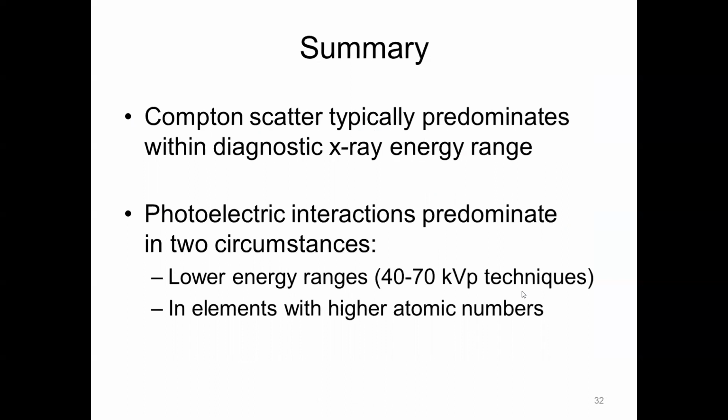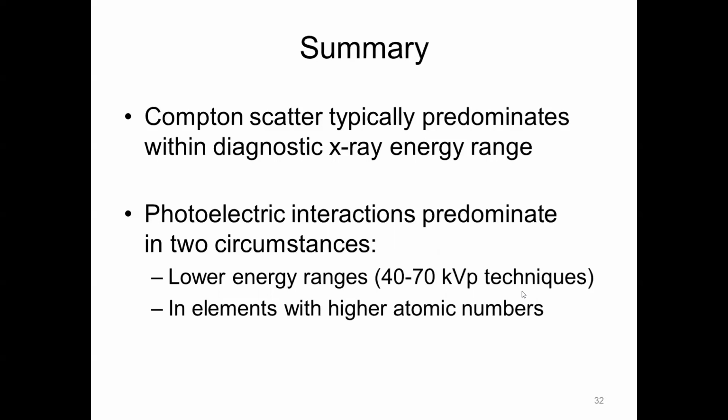Compton scatter typically predominates within the energy ranges we use for diagnostic images. Photoelectric interactions predominate when you've got low energy ranges, so techniques of 40 to 70 kVp. Extremities, there's more likely to be a fracture in bony anatomy.